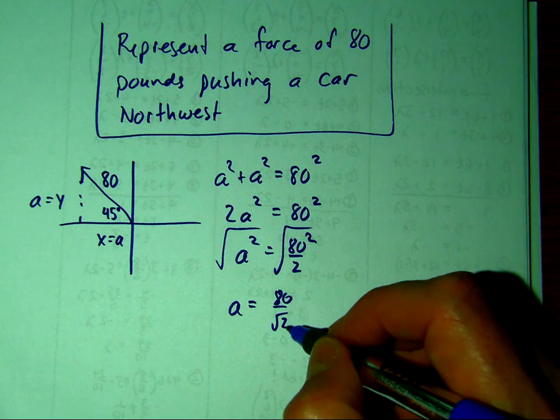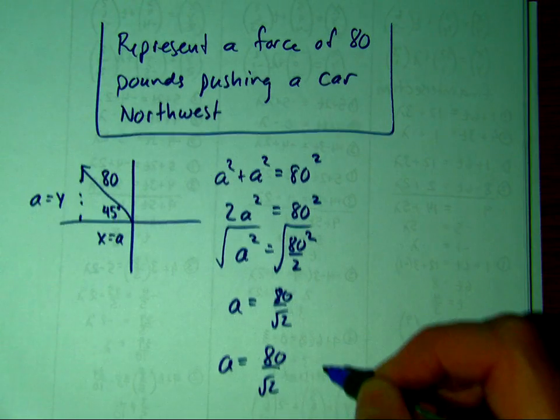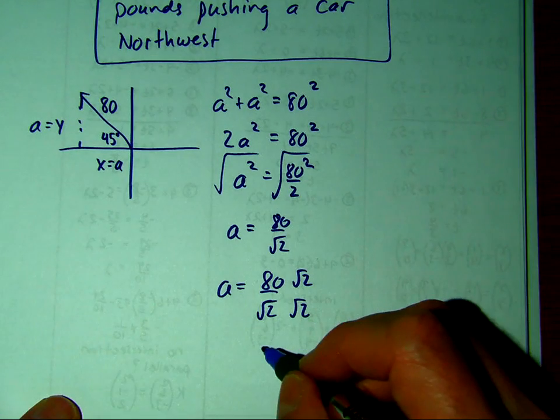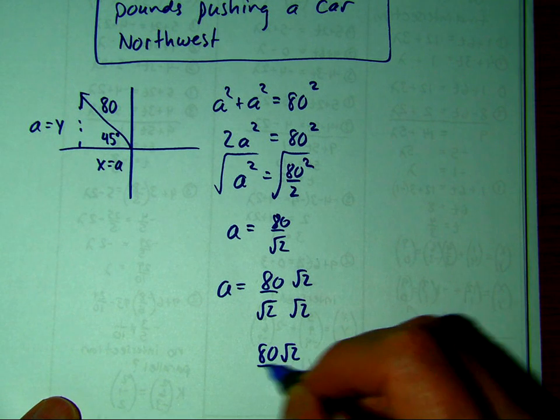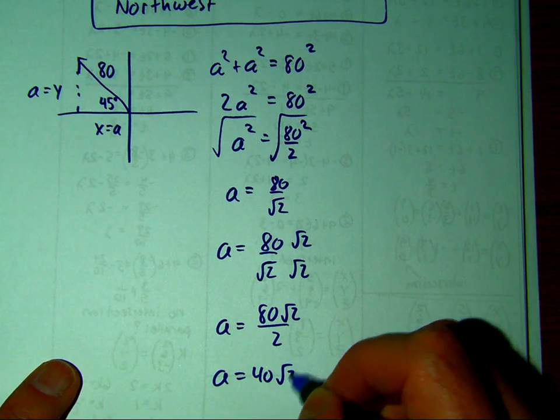So a equals 80 over radical 2, and then we could just rationalize the denominator, and we'll have 80 radical 2 over 2, which is 40 radical 2.